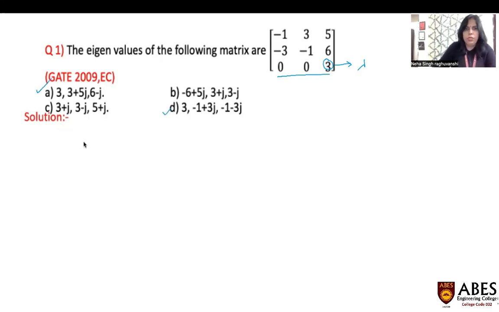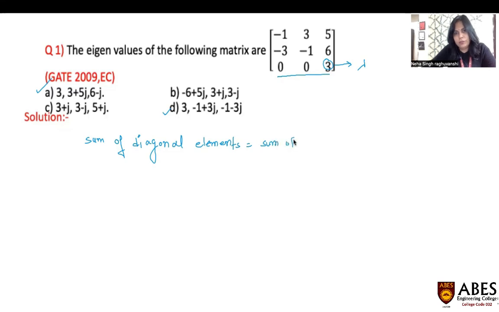Now come to the property. As per the property of eigenvalues and eigenvectors, the sum of diagonal elements is equal to the sum of eigenvalues.